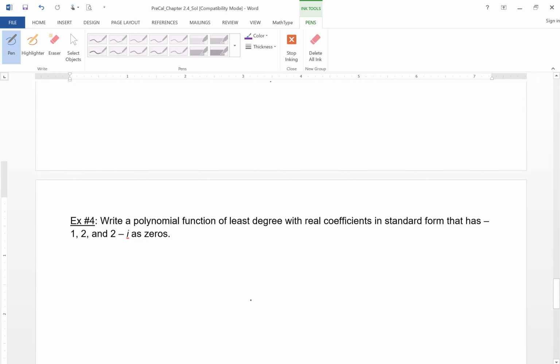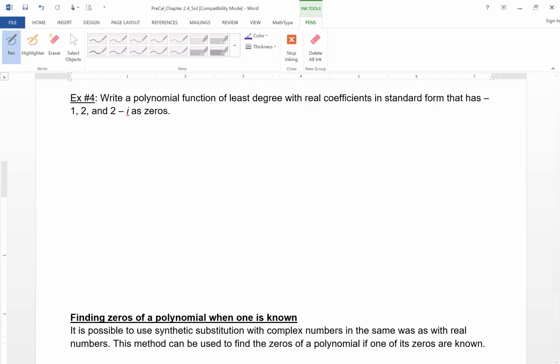So in this next problem, it says write a polynomial function of least degree with real coefficients in standard form that has negative 1, 2, and 2 minus i as zeros.